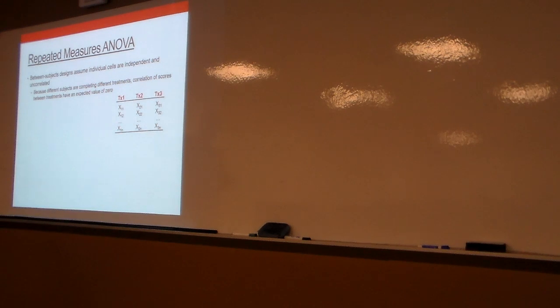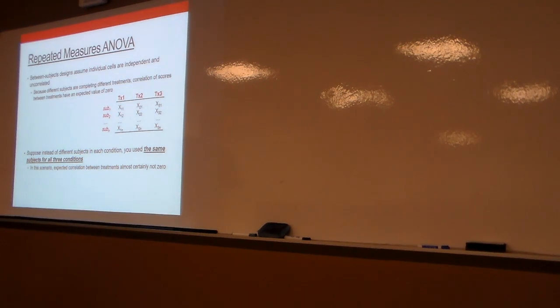So again, because we have different people completing different treatments, the expected value of the correlation in this set of scores is going to be 0, right? But instead of having treatment 1, treatment 2, treatment 3, where I've got, say, 20 people in treatment 1, 20 people in treatment 2, 20 people in treatment 3, let's say that instead of a sample of 60, we've just got one sample of 20, right? And there, 20 people participate in the first condition, and then the same 20 people participate in the second condition, and the same 20 people participate in the third condition.